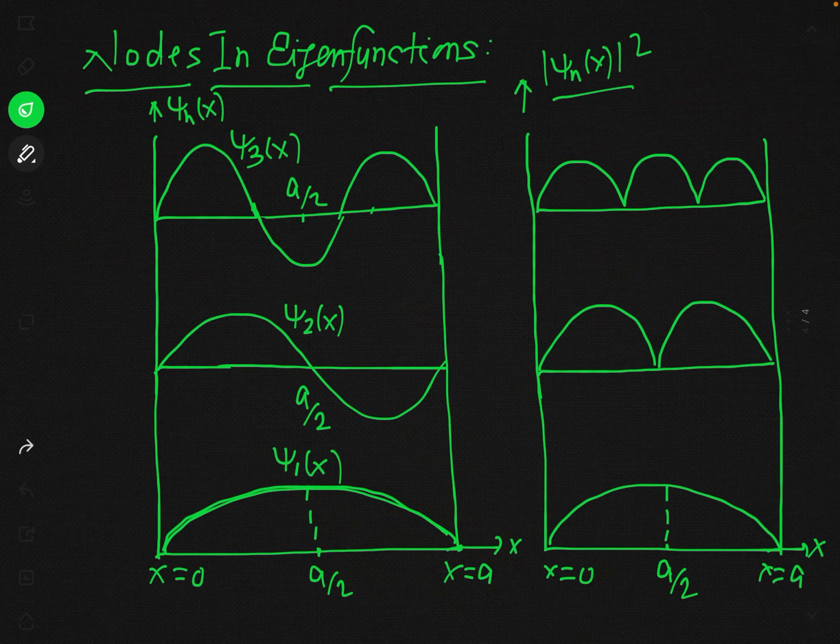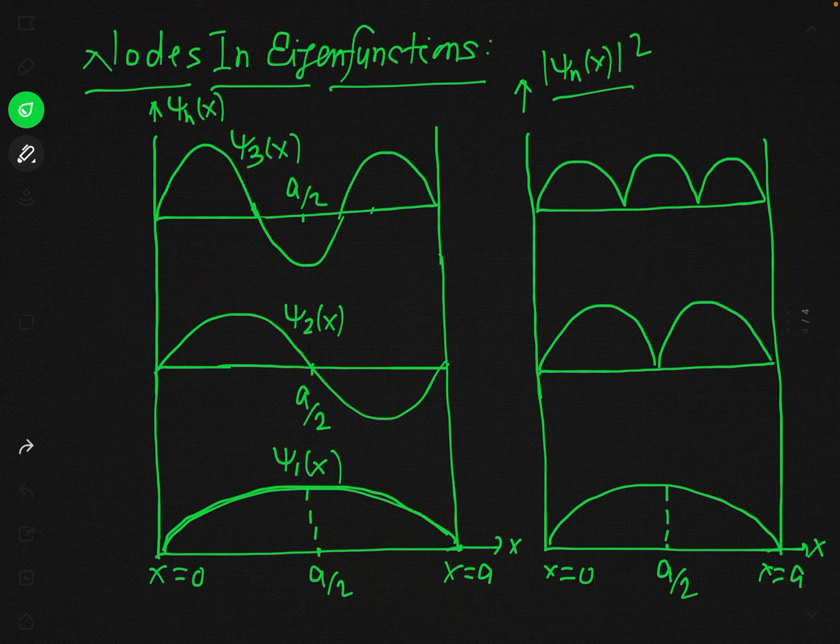But when we see the first excited state eigenfunction, that is psi 2 of x, see this figure, you can see again at x equal to 0 and x equal to a, this eigenfunction vanishes, but it is also 0 at x equal to a by 2.